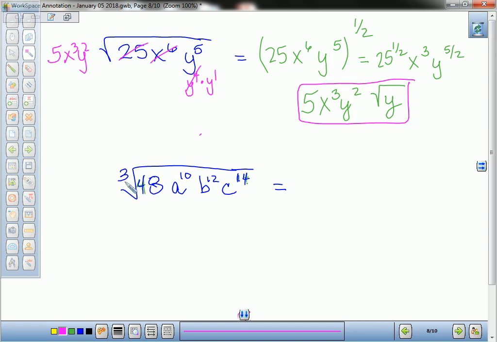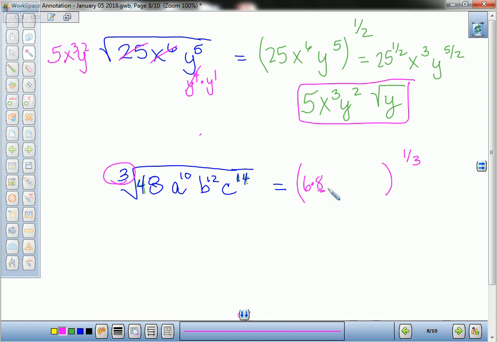Okay, now this one, the cube root of 48, a to the 10th, b to the 12th, c to the 14th. Cube root this time. So cube root is the 1/3 power. So when we're trying to think of this as the 1/3 power, 48 is 6 times 8.